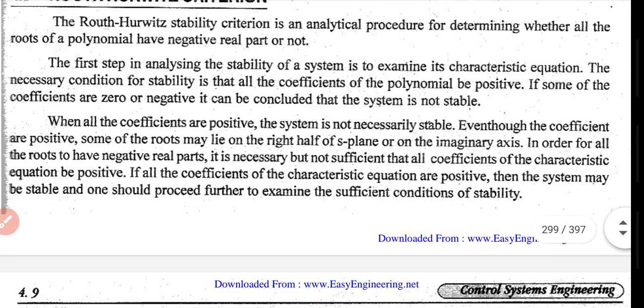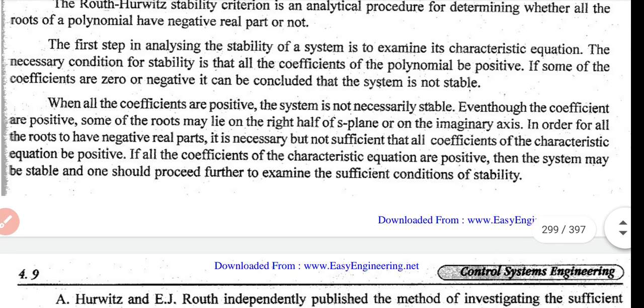So the first step in analyzing the stability of the system is to examine its characteristic equation. First of all, for finding the stability of the system, you have to analyze the characteristic equation of the given transfer function.